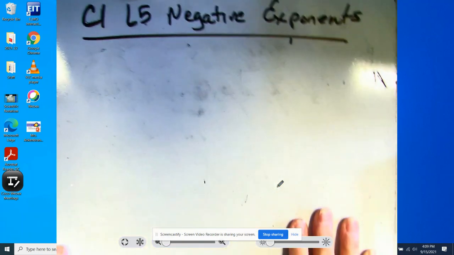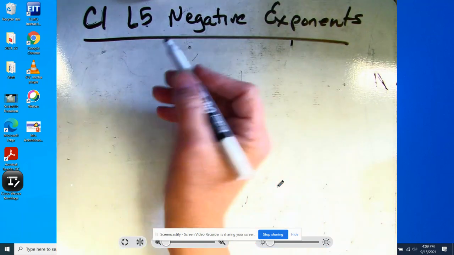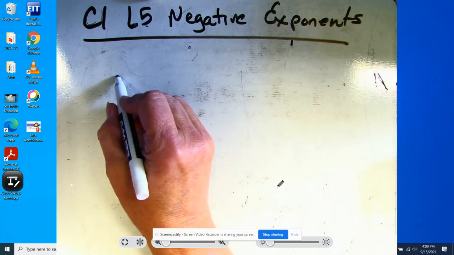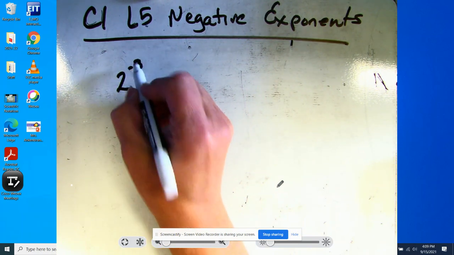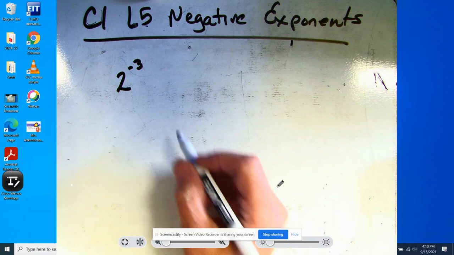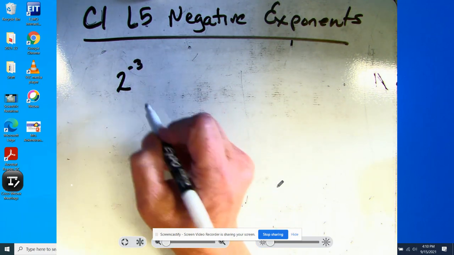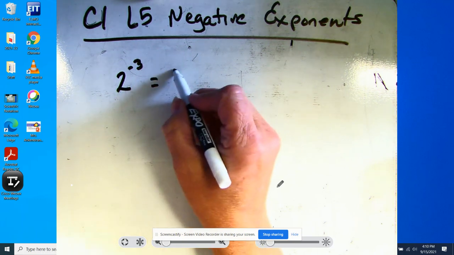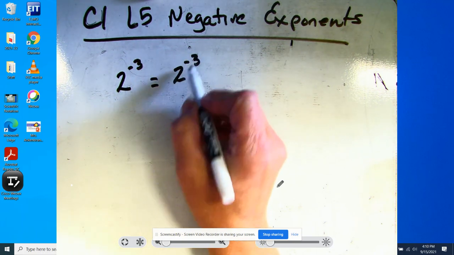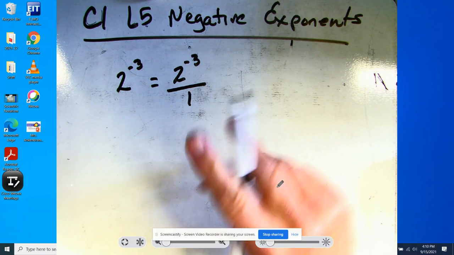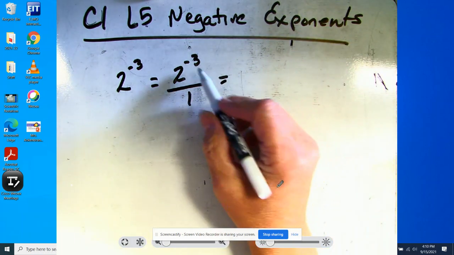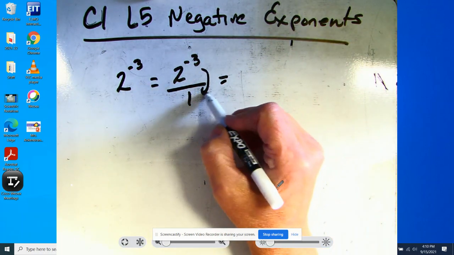One of the things you're going to be asked to do is take a number that has a negative exponent and write it as a positive exponent. So you're going to take your 2 to the power of negative 3, and remember that this is 2 to the power of negative 3 over 1, and we're going to flip it over. We're going to move this down here.